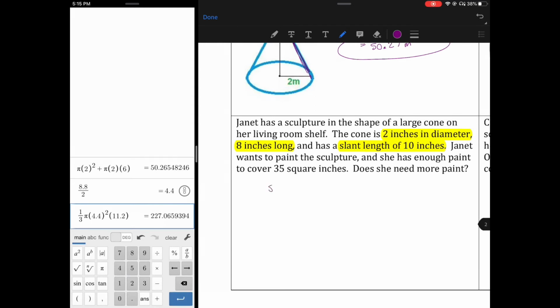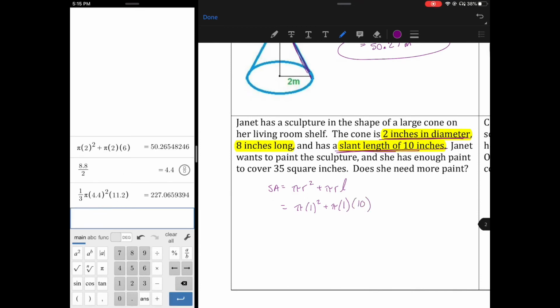So surface area formula is pi r squared plus pi r L. So we'll plug in the numbers we know. So the diameter is 2 inches, which means our radius is half of that, which is only 1. And our slant, because L stands for slant length, is 10. So we'll plug that in to Desmos.